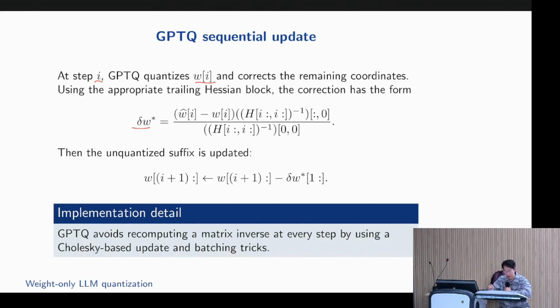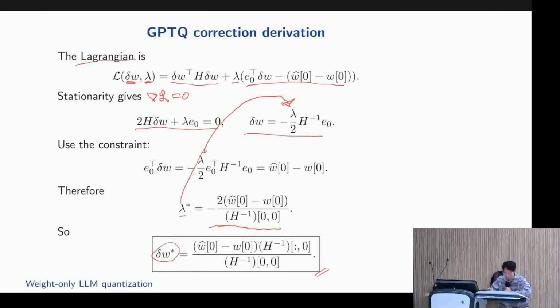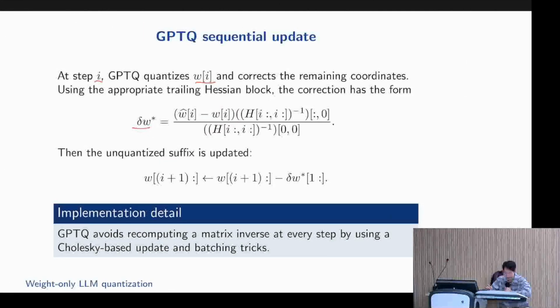At step 2, we freeze the first two coordinates and repeat, and repeat, until we fix everything. So that's the algorithm, and it's very simple, right? It's just doing coordinate descent. And one implementation detail is you never want to do matrix inversion, so you want to do something like a Cholesky-based update and batching tricks, but it's just a minor detail.